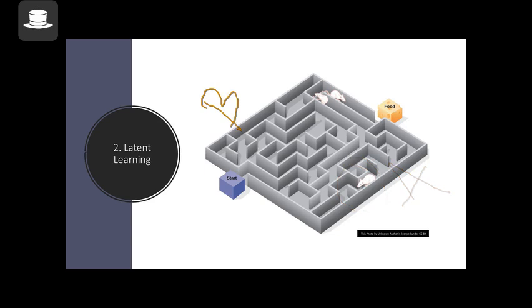Tolman examined how well the rats learn by measuring the number of errors they made each day. Guess what happened?